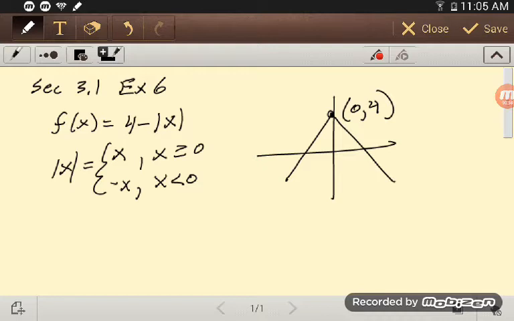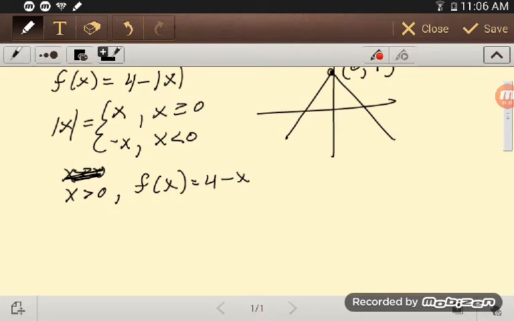And so we have to pay attention to that. Since at 0 we may have a problem, let's just go with when x is greater than 0. We have f of x is equal to 4 minus x, because our absolute value is just x.